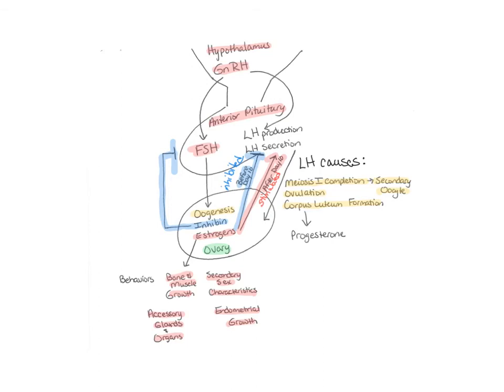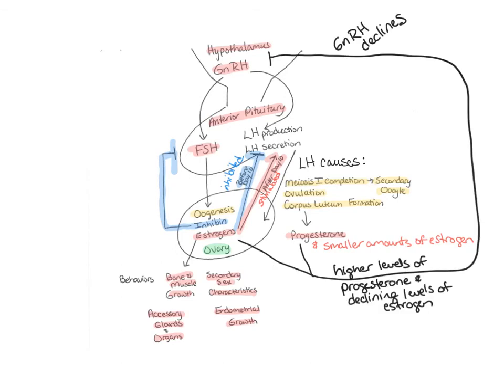The corpus luteum then starts to secrete progesterone, and the cells secrete less estrogen than before. As the progesterone levels rise and the estrogen levels fall, the production of gonadotropic releasing hormone declines. If no pregnancy occurs, the corpus luteum degenerates into the corpus albicans.